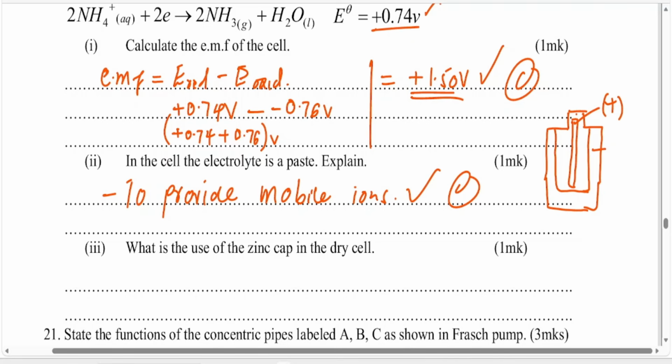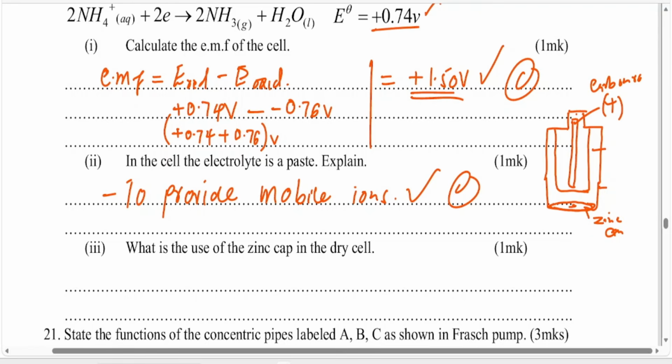Then we have the zinc can that is all around the dry cell, but most of the times you find it at the bottom, which represents the negative terminal.